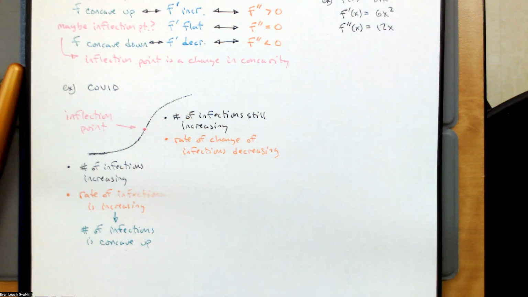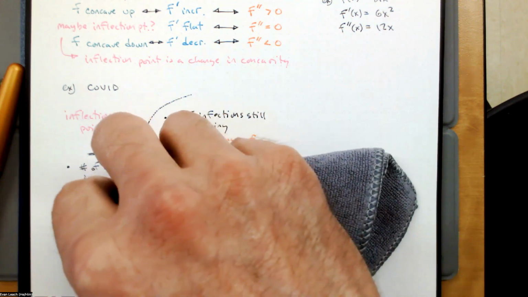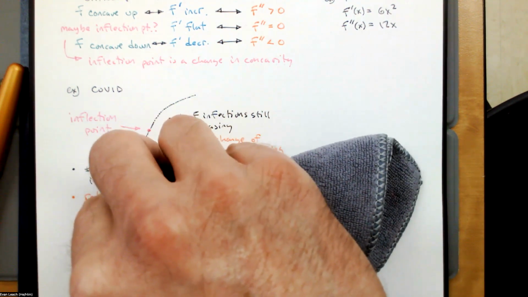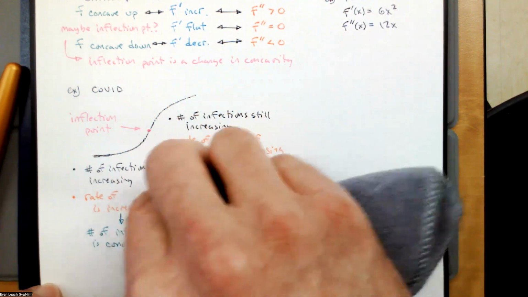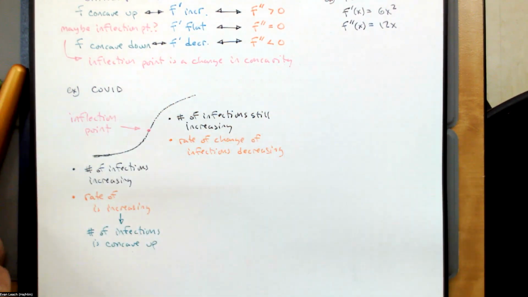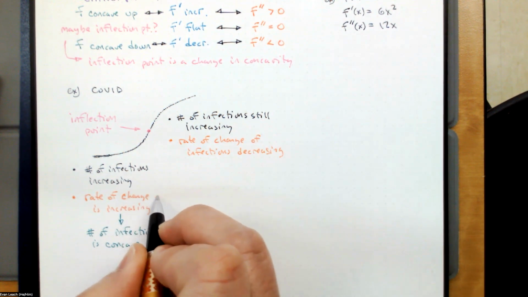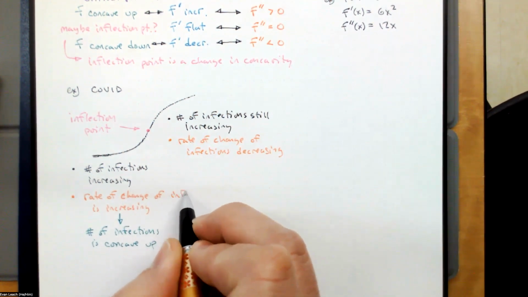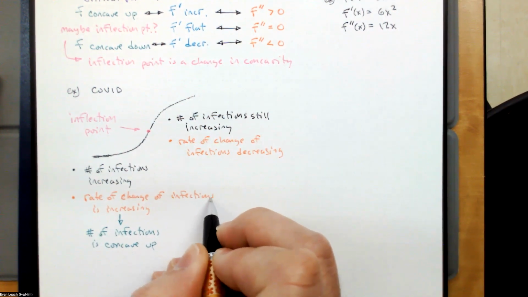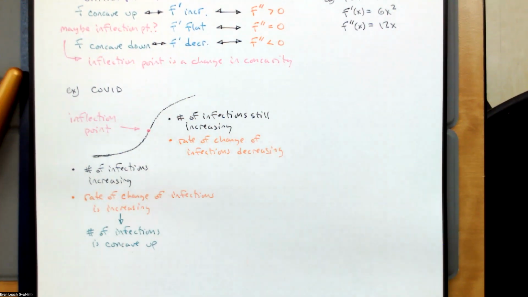That's concavity. It's what's happening to the rate of change. It's how the rate of change is changing. Once the rate of change of infections is decreasing, we say that the function is concave down.